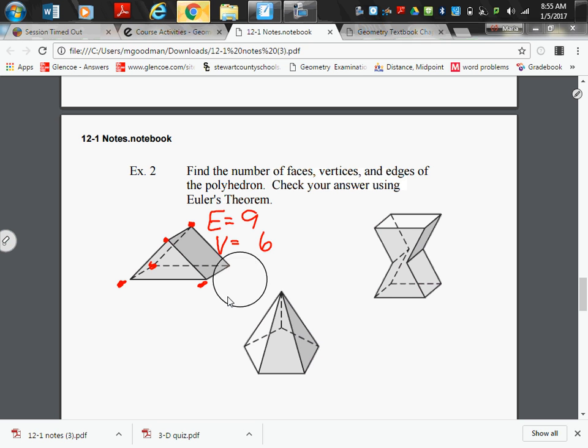Now, from this point, I'm just going to use Euler's theorem and plug it in and solve a problem. Alright, so what did Euler's theorem say again? Alright, don't yell out. This time I want, what?